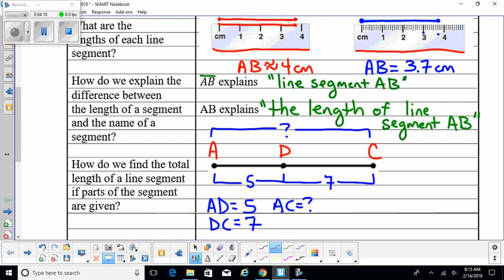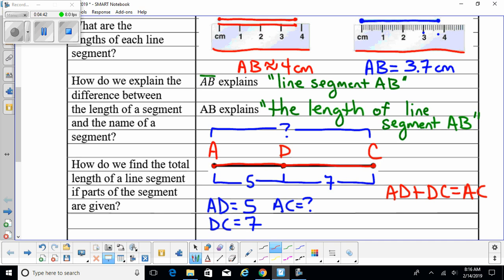So algebraically, this is how this is going to play out. If I go from A to D, and I add the length of D to C, I should get the entire length AC. We call that part plus part equals whole.